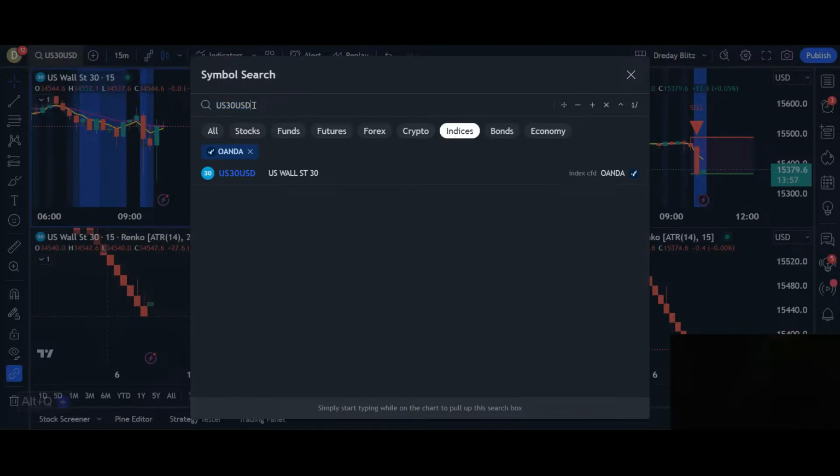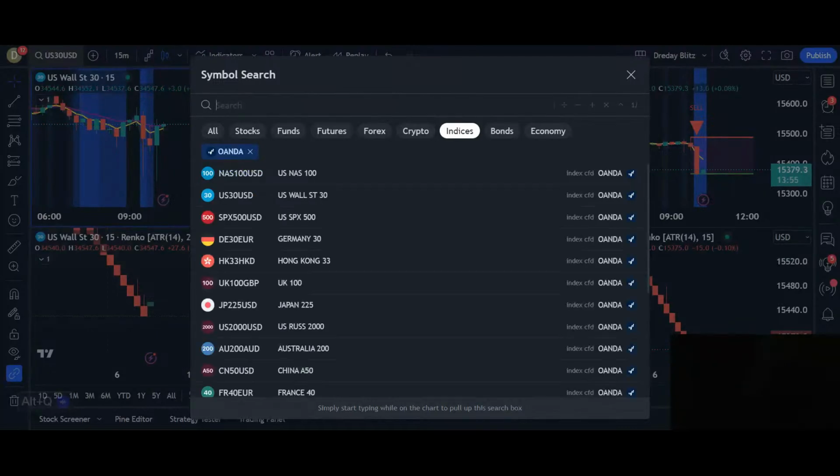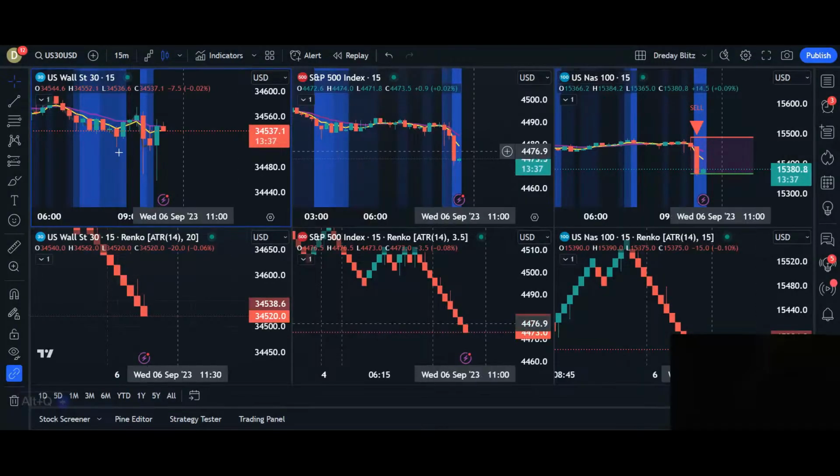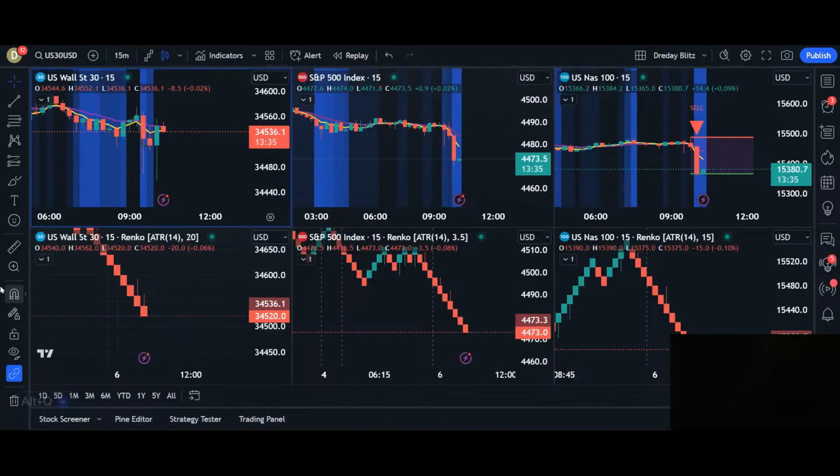If I remove this, you should see US Wall Street 30. So that'll be the one that I look for the setup. That's the US30 that I use.